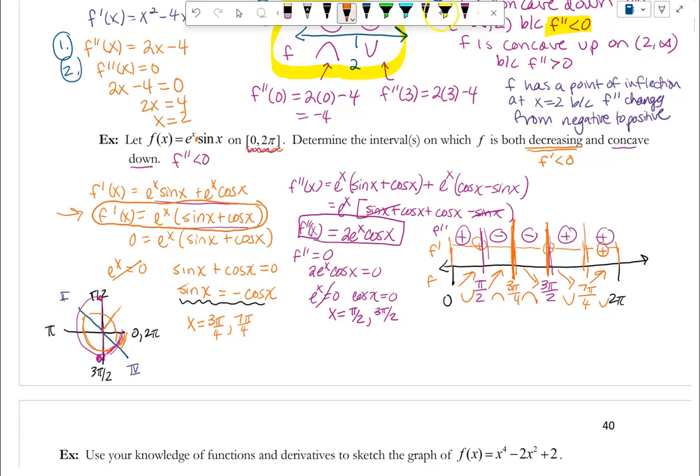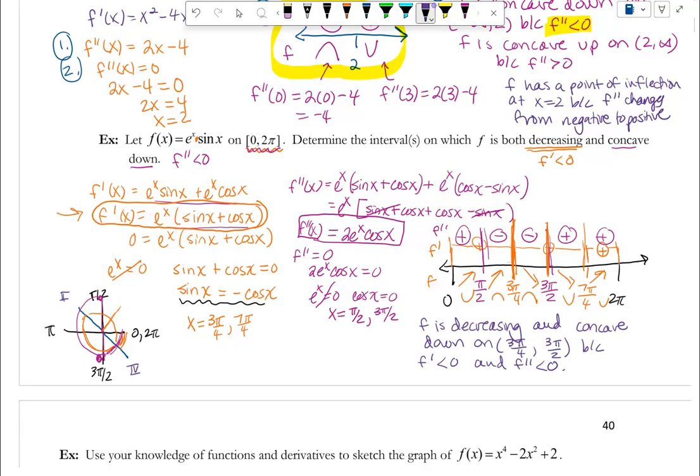All right, so to answer our question, we could say that f is decreasing and concave down on the interval from 3 pi over 4 to 3 pi over 2 because f prime is less than 0 and our second derivative is less than 0.